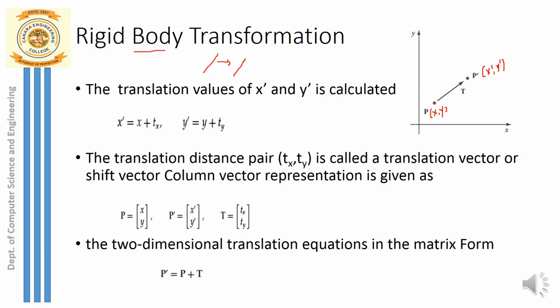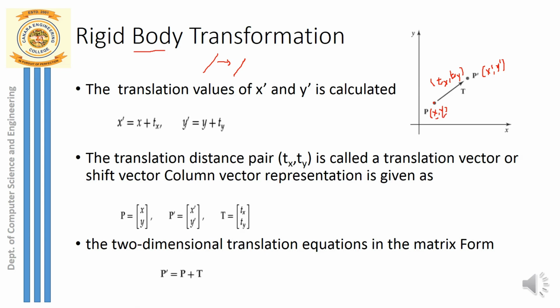Now the translation is given by a displacement, which you can denote as the displacement of the point to the new position P dash. The displacement is given by Tx, that is the displacement of the x coordinate, and you can also define the displacement of the y coordinate. When I say displacement in general, it is just shifting to the new position, but actually you are displacing the x coordinate as well as the y coordinate.